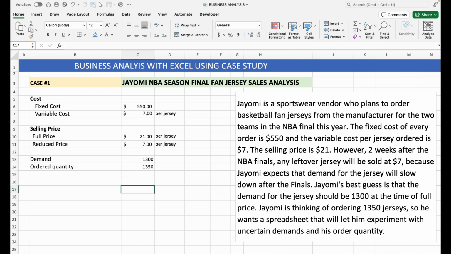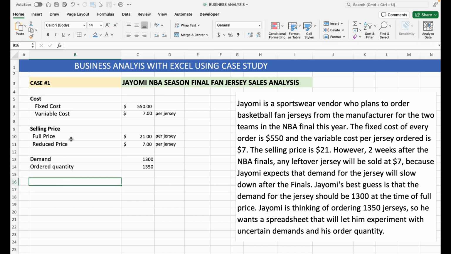But to solve this problem, what are the other things we will need? We need to know our total selling price, total cost, total selling price, and the profit and loss for him to be able to analyze this data. So let's move on. Let's add the other data we will need.